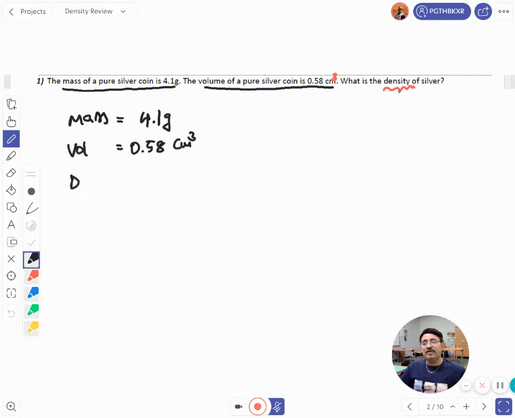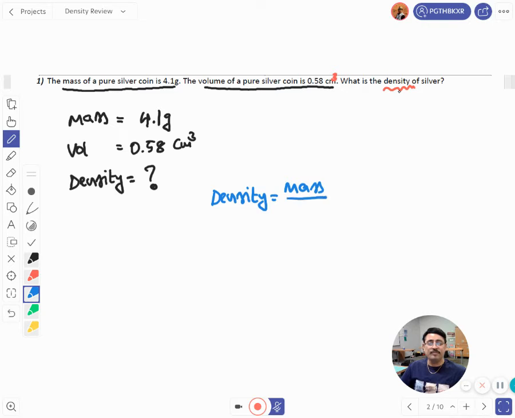The question is, what is the density? So, you know that the density formula or rule is density equals mass per volume. Anyhow, I thought of starting with an easy question.